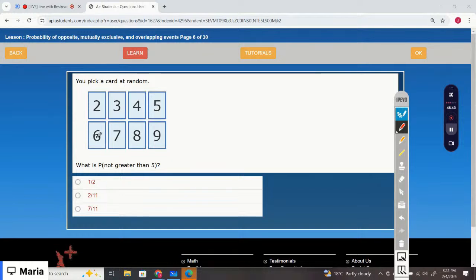Not greater than 5 means you have that is 1 by 2.